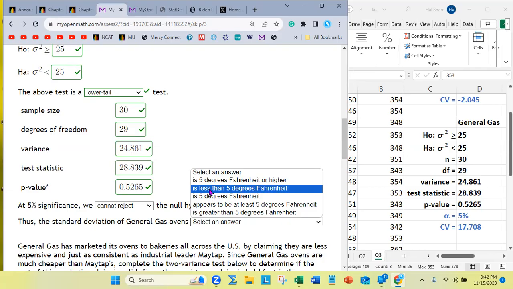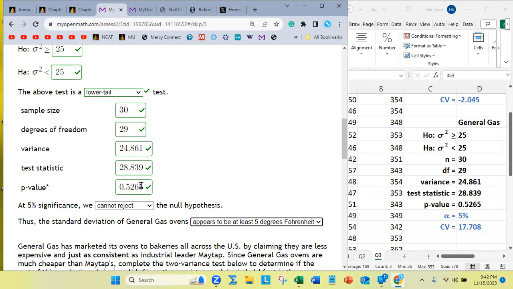So one selection, which is not here, would be: according to the data, we cannot say the standard deviation of general gas ovens is less than 5 degrees. But that's not a choice. So we have to go with appears to be at least 5 degrees Fahrenheit. Appears, that's the softest statement. So we're going to go with appears to be at least 5 degrees Fahrenheit.